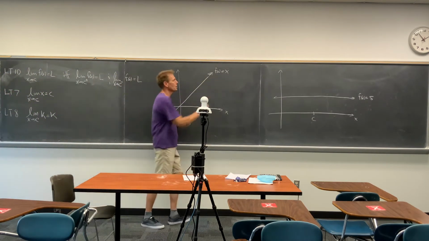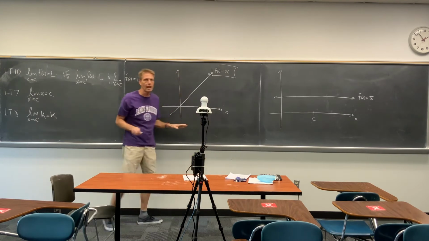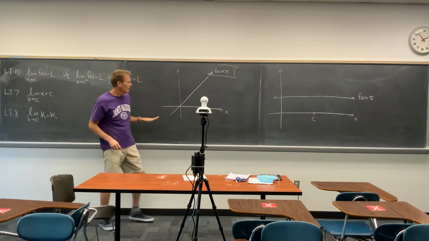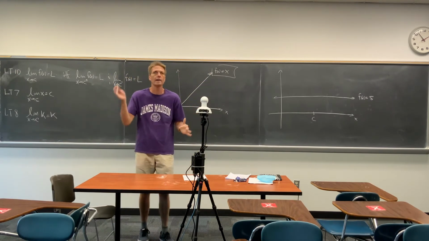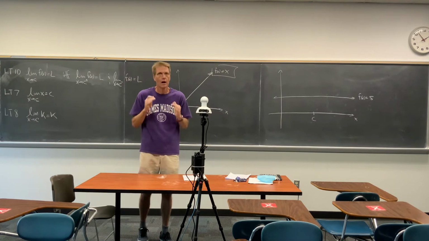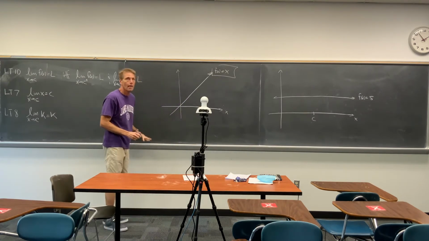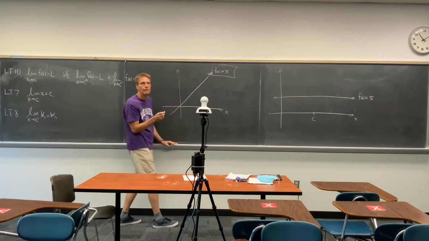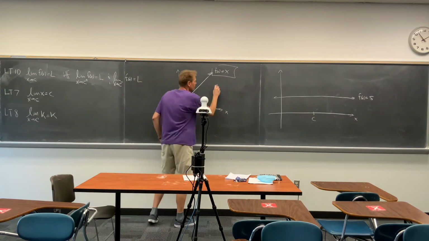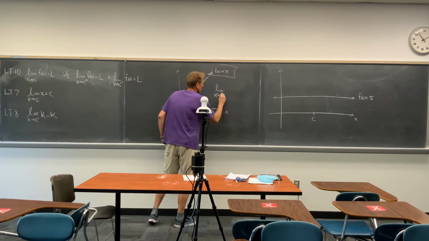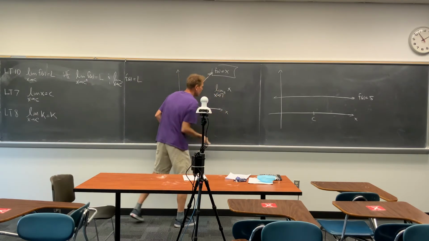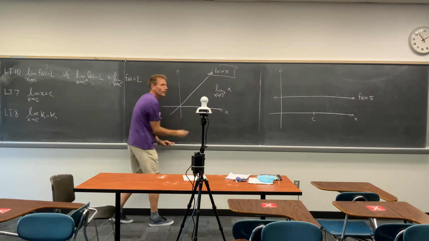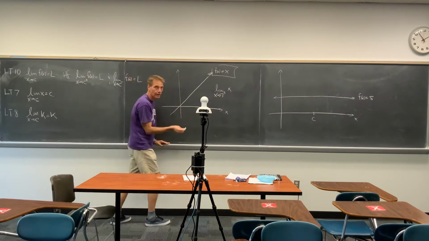Here's my function, f of x equals x. This graph is exactly the one we had in the last class. We're just refreshing. Now, if I approach 7 from above, if I look at the limit as x approaches 7 from above, I start here, and graphically I do what?